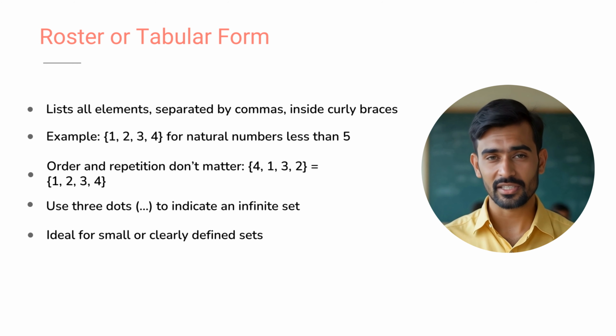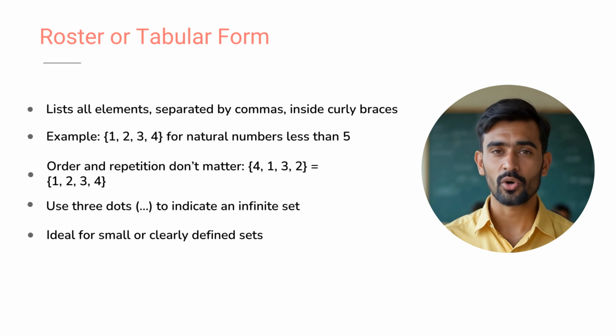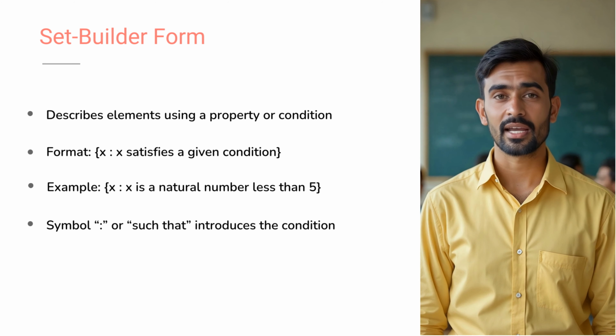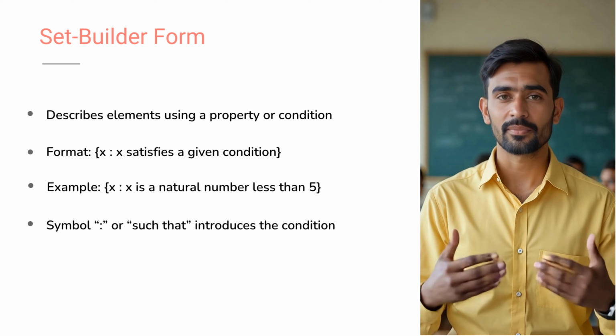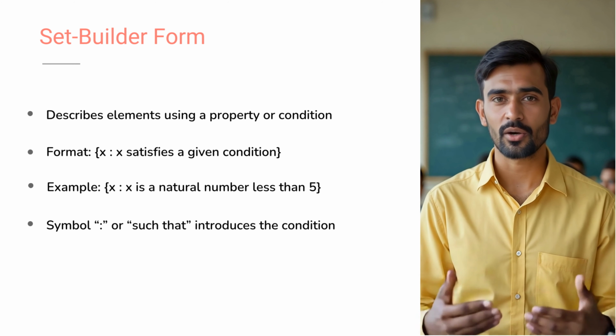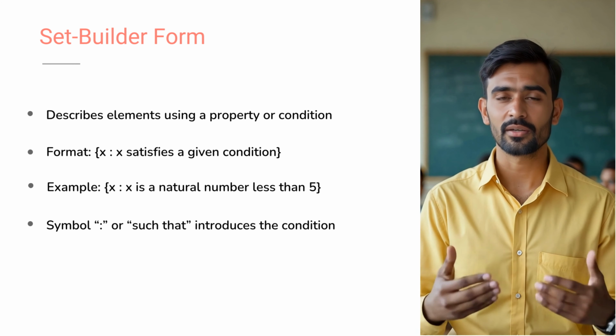If the set is infinite, like the natural numbers, we show that by adding 3 dots, for example, {1, 2, 3, ...} and so on. The second way is set builder form. This is more descriptive. Instead of listing elements, we describe them using a condition.